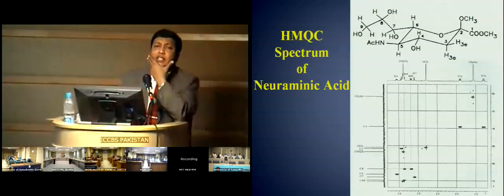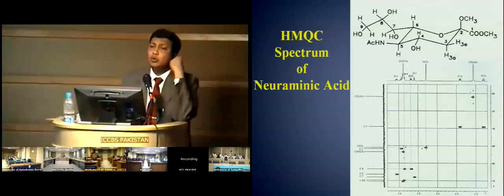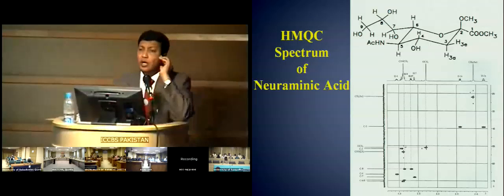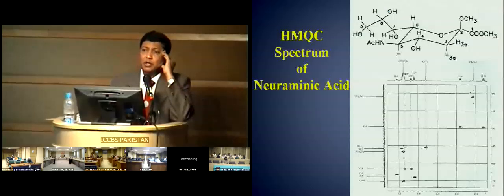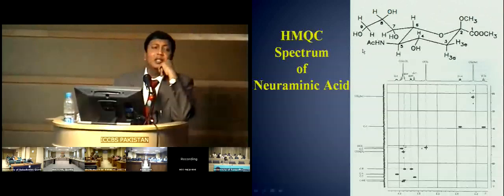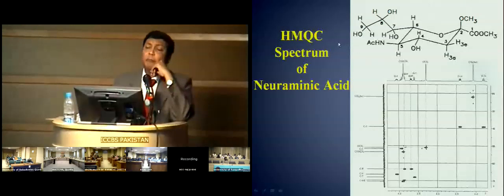Now, HSQC and HMQC are almost similarly used, but kindly remember that HSQC has certain advantages over HMQC when you talk about nitrogen, because nitrogen is a much weaker magnet than carbon, and therefore the sensitivity gain in HSQC is much more as compared to HMQC. So what is the difference?